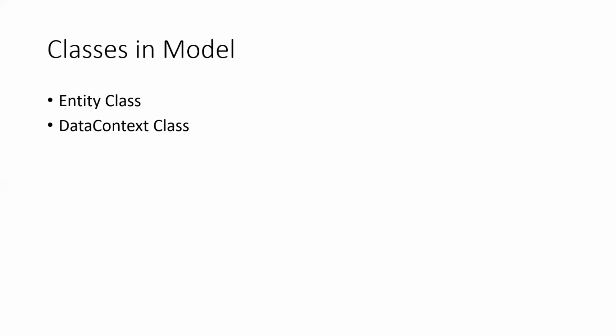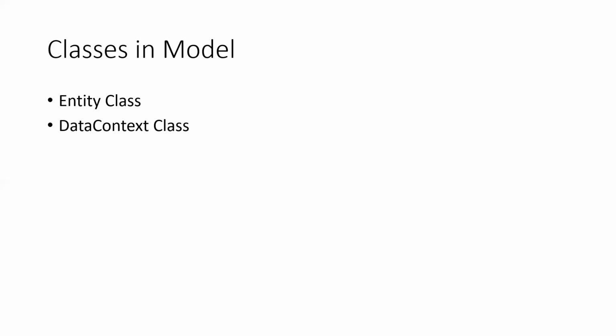Coming to the data context class, it is a class at the top level of the Entity Framework object, the one that contains all your collections of entities that map to your tables in the database. The controller needs to be able to access this so that it can perform CRUD operations. So this is the topmost class in the Entity Framework, and it has the relations and collections of your entities that map to the tables and relational database objects.